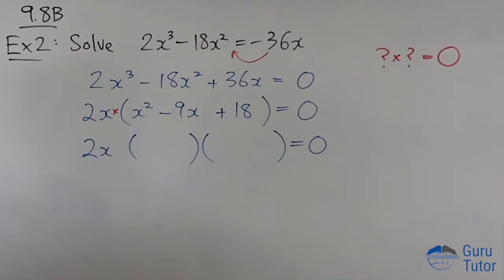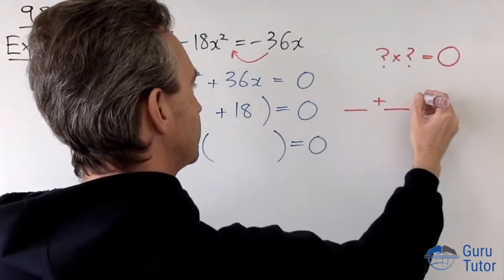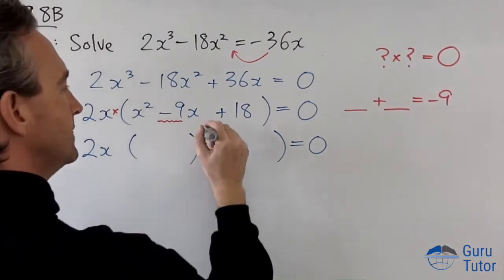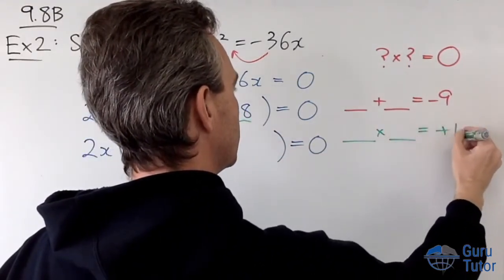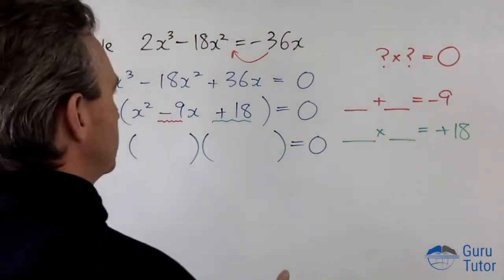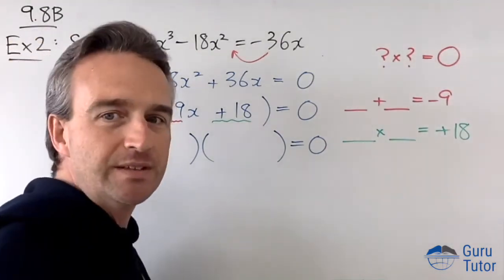We're looking for two numbers that add to give negative 9 and multiply to give positive 18. Can you think of what those two numbers are? I think something to do with 6 and 3.